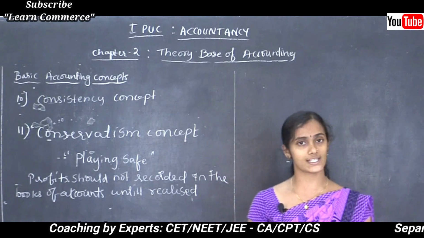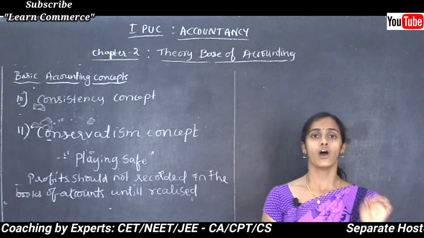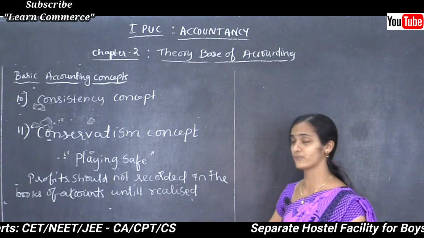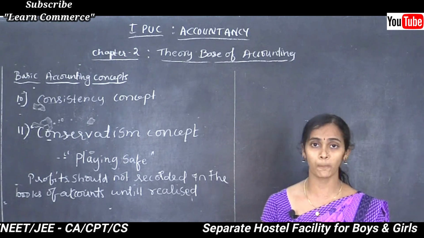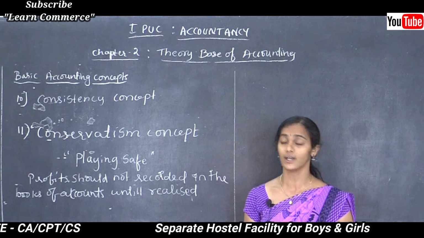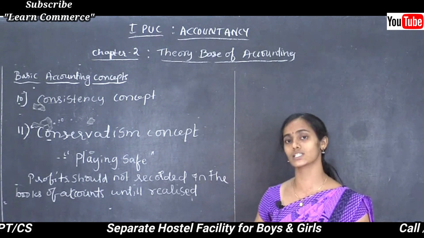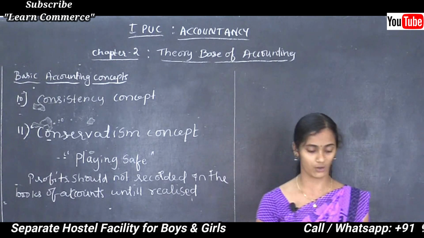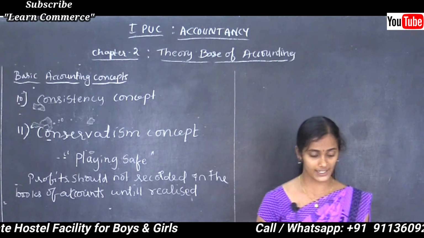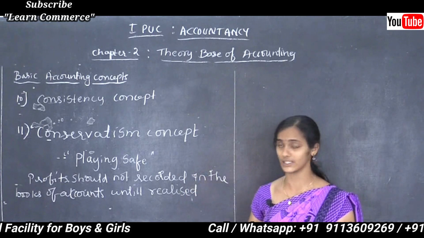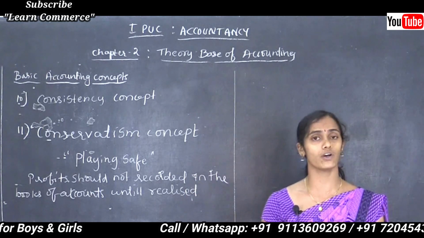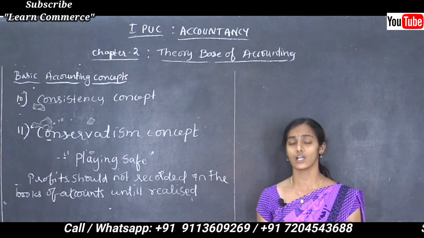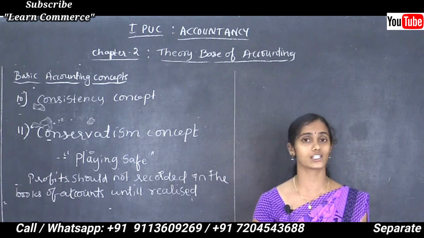But we should consider and record all the losses. We should record all the losses even if they are a remote possibility in the near future, and record that loss amount in the books of account. An example of this conservatism concept is valuing closing stock at cost price or market price, whichever is lower.